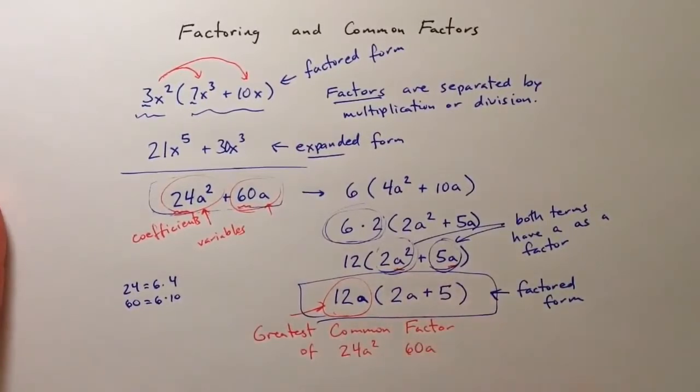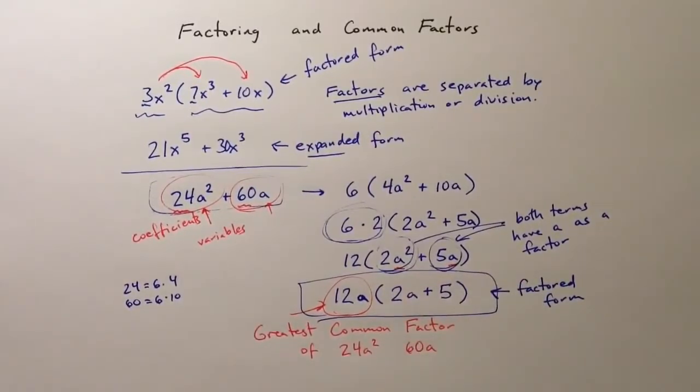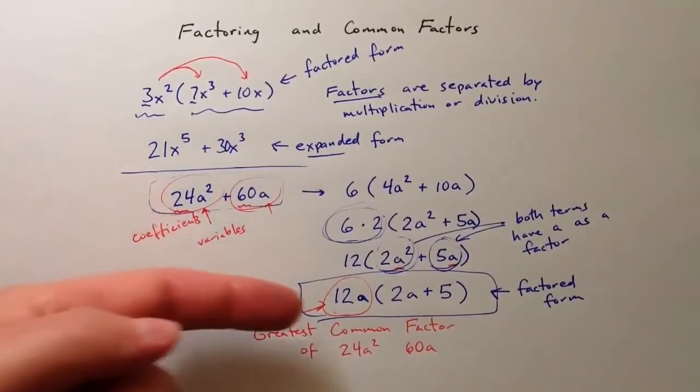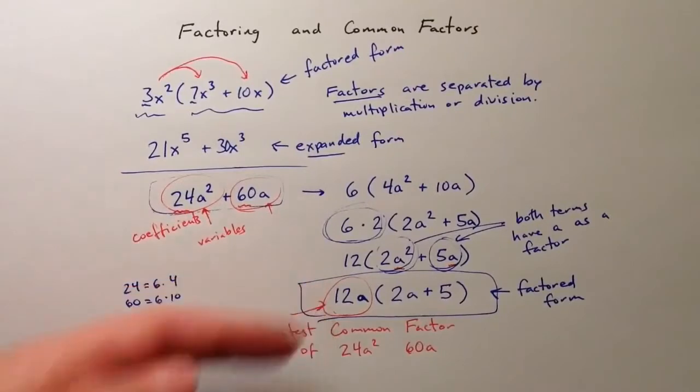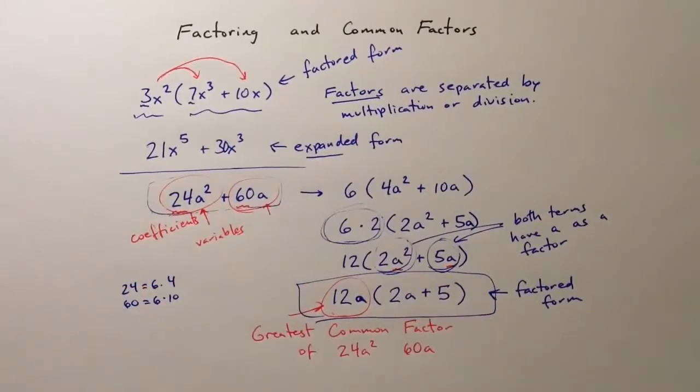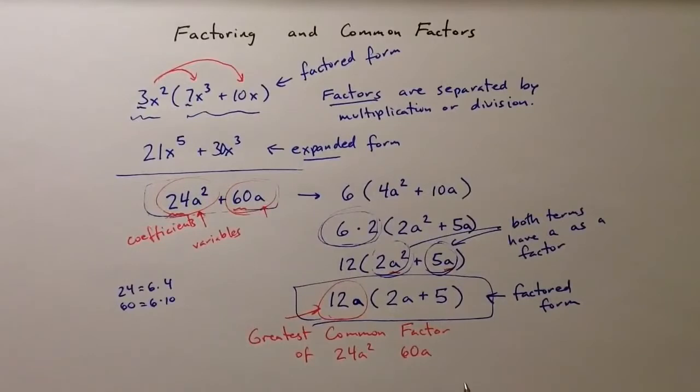So if we want to get from the expanded form to the factored form as quickly as possible, identifying the greatest common factor is what we want to do. In another video, I'll take a look at a bunch of examples of factoring out the greatest common factor.